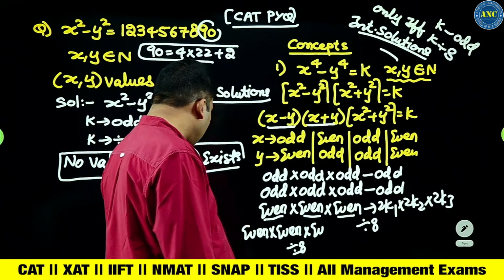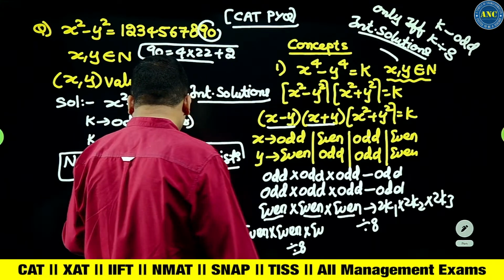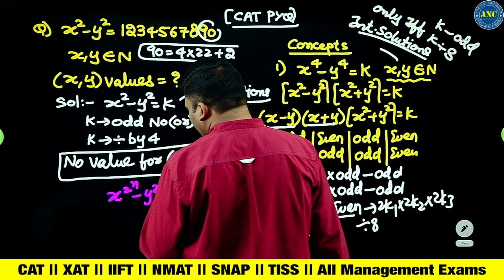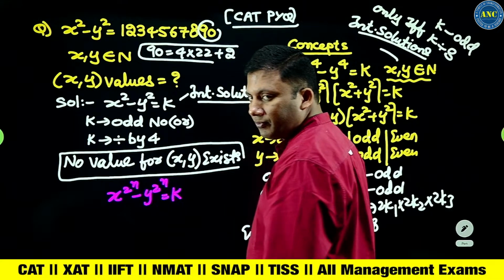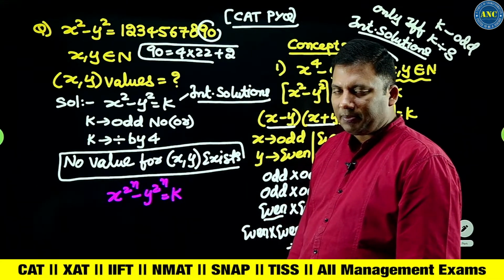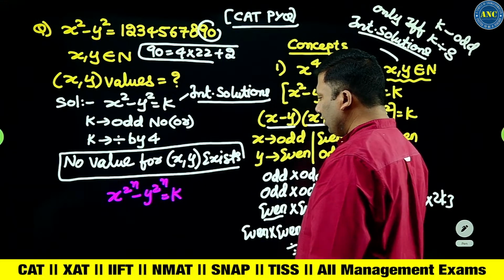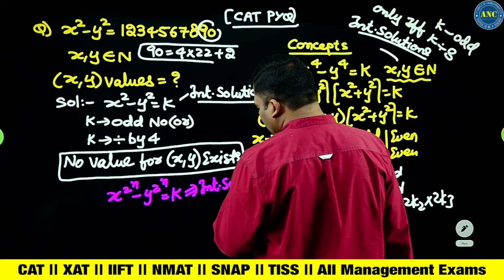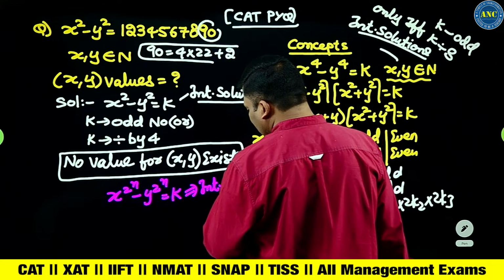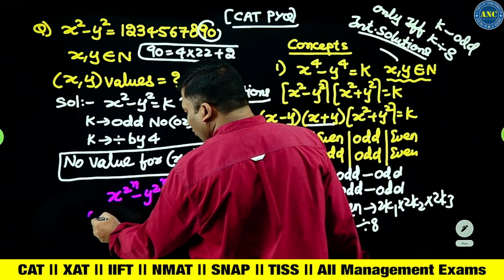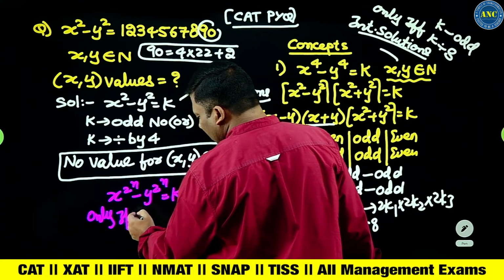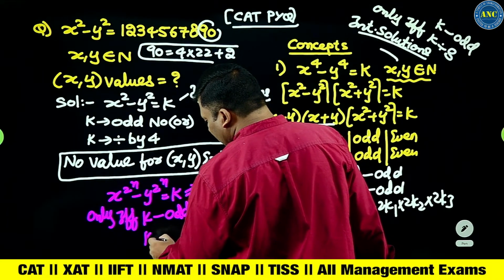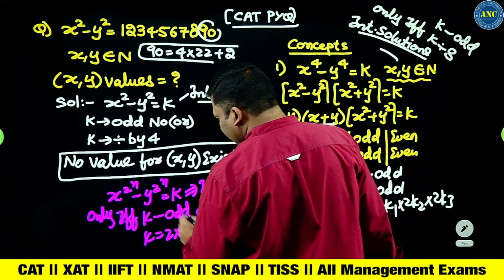So the generic conclusion is: if the equation is of the form x power 2 power n minus y power 2 power n equivalent to k, this equation has integral solutions only if k is an odd number or k is a multiple of 2 into 2 power n.